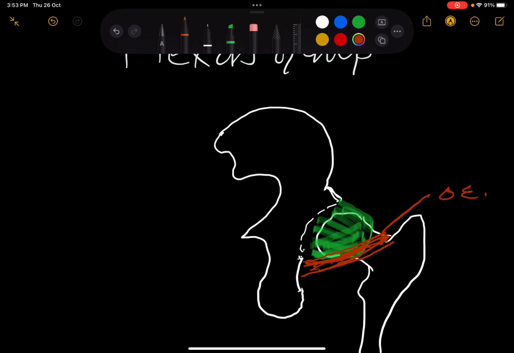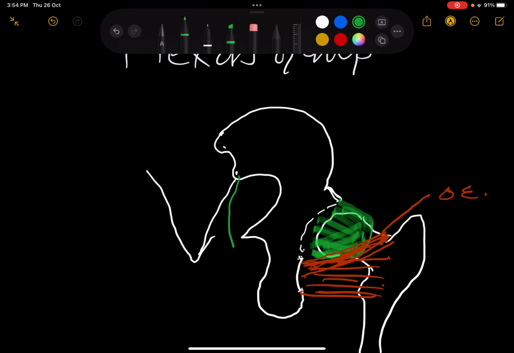Then you have the quadratus femoris attached to the quadrate tubercle. Then we'll make the sacrum from behind. We'll make the sacrotuberous ligament. We'll make the sacrospinous ligament.